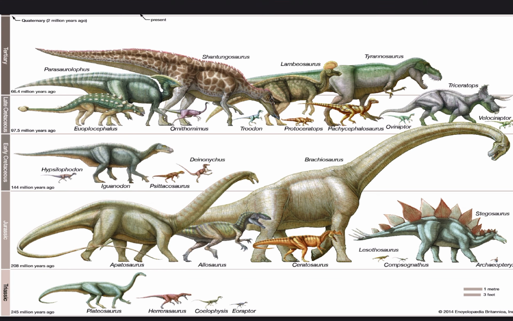Now look at those words. Let's go one by one. This is Parasaurolophus. Next one, Euoplocephalus. Next one, Ornithomimus.